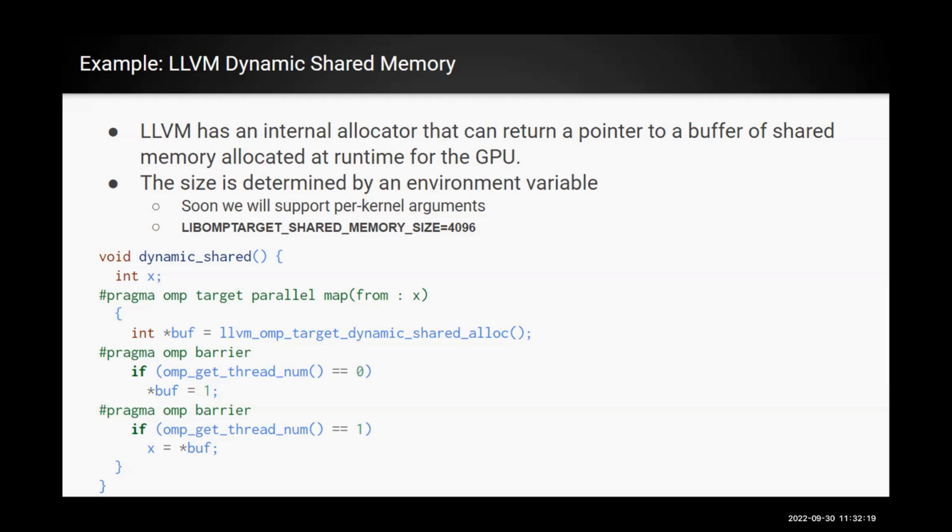So in order to port some applications, we built in basic support for that. Right now, the support is per app. So every kernel gets the same amount of shared memory, not per kernel launch, and it's a fixed amount. So it's not perfect, but we're working on making it per kernel launch. And then you use this funny llvm_omp_target_dynamic_shared_alloc function to get a pointer to it. And then you can use it like any shared memory.